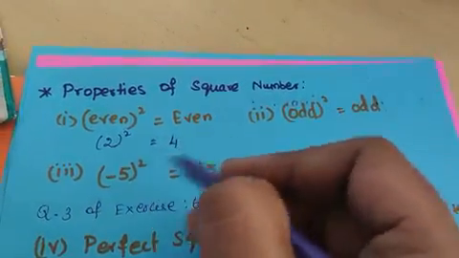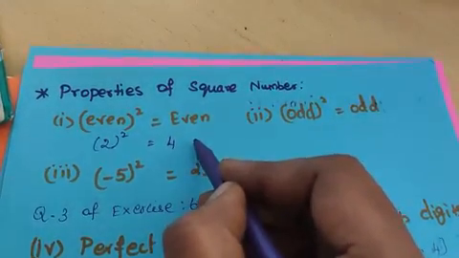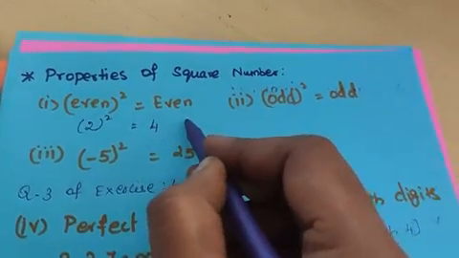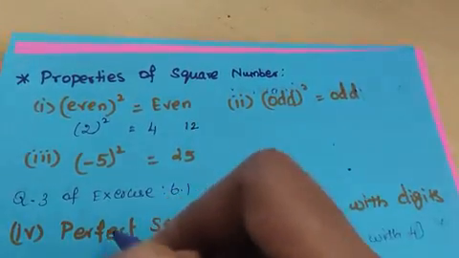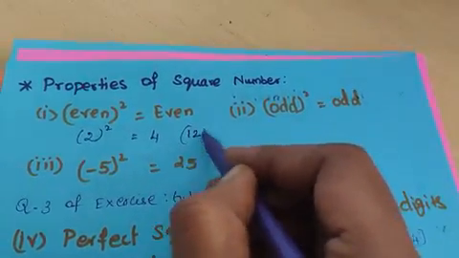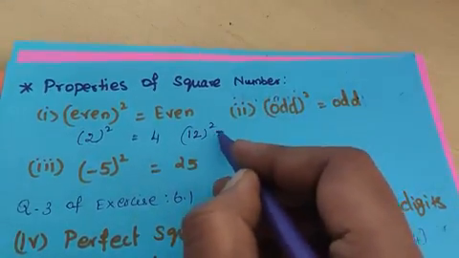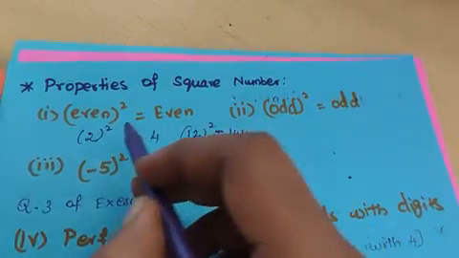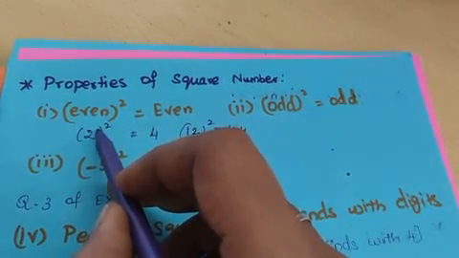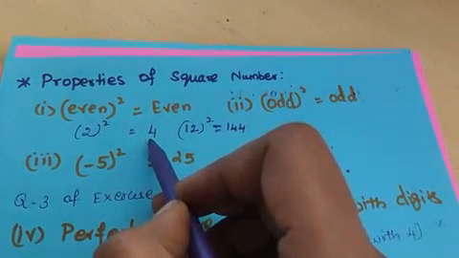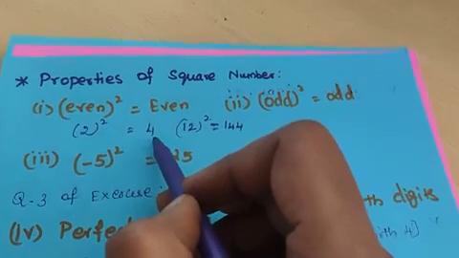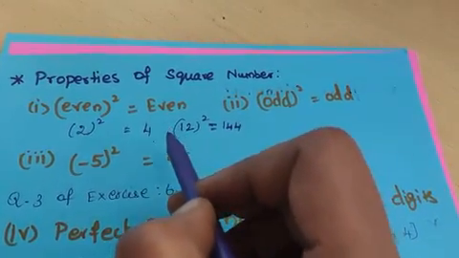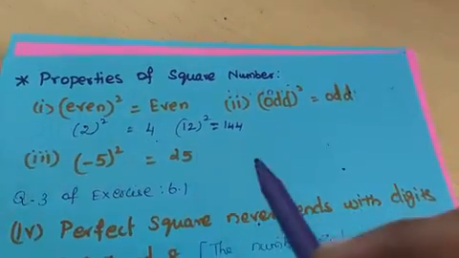The same way, to verify it, take a bigger even number, 12. 12 is an even number. 12 squared is 144. 144 is an even number. So whenever you square an even number, the result is also an even number. That is, the square number is also even. This is one of the properties.